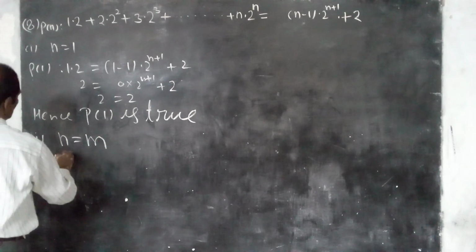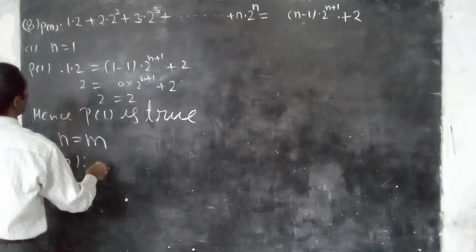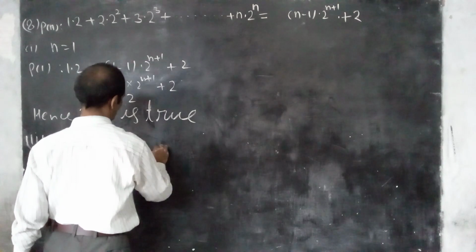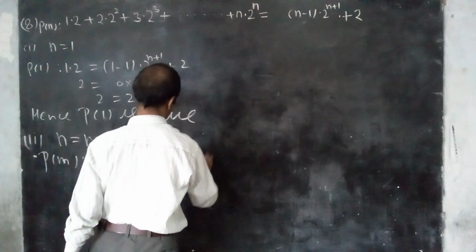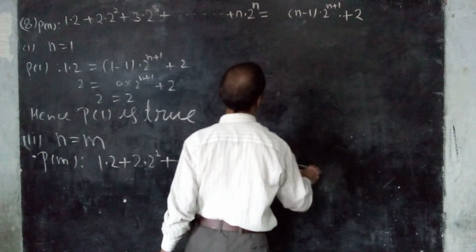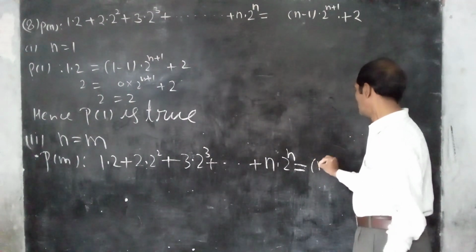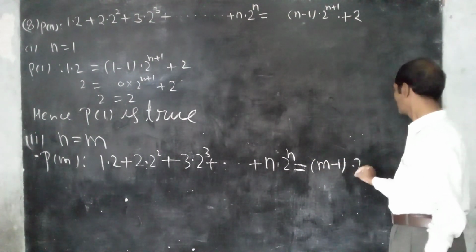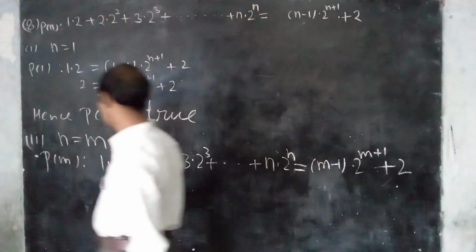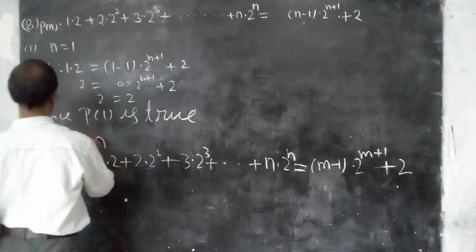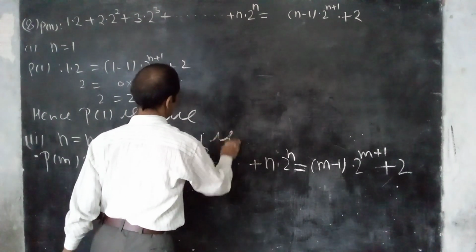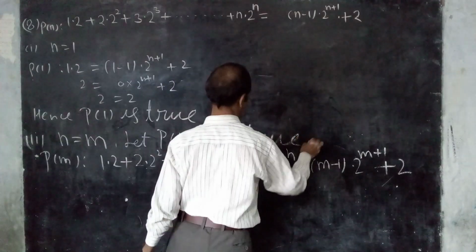Pm: 1 into 2 plus 2 into 2 square plus 3 into 2 cube plus dot dot plus n into 2 raised to power n is equal to (m minus 1) into 2 raised to power m plus 1, plus 2. So this is true. Let Pm be true.